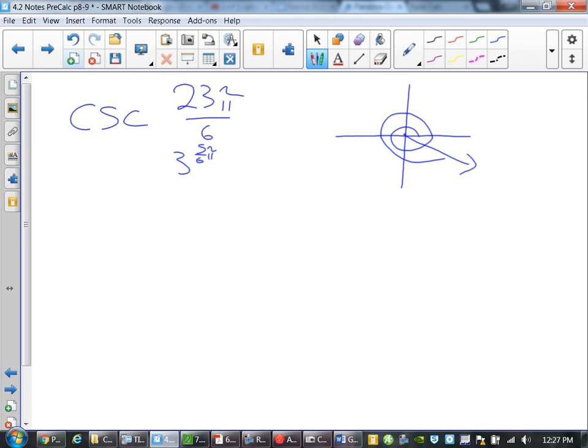What's the reference angle? Pi over, not negative. The reference angle is just bounce. How far am I bounced off? I'm bounced off pi over 6. Which means it's which angle? 30.